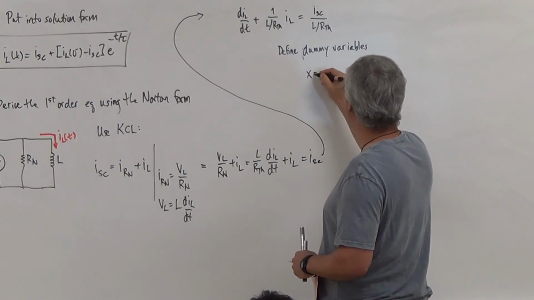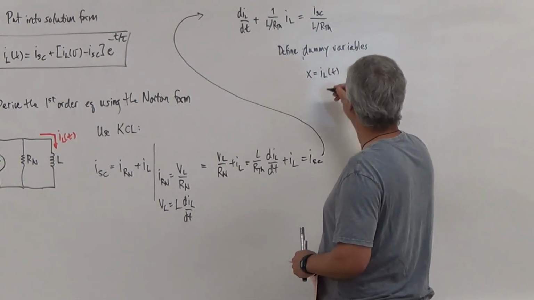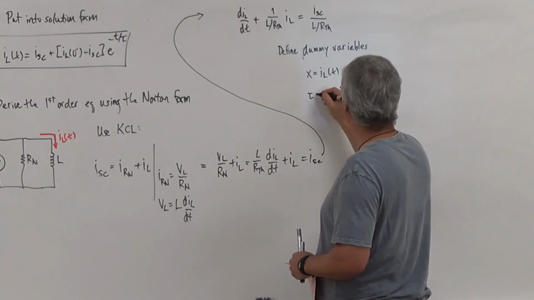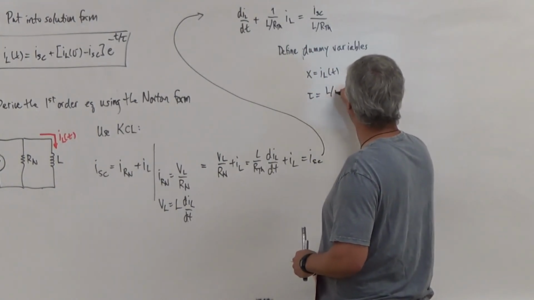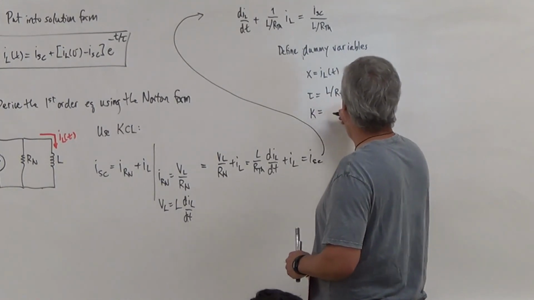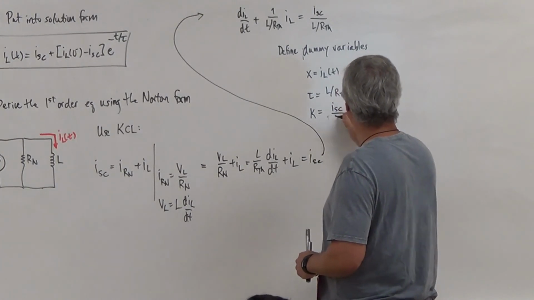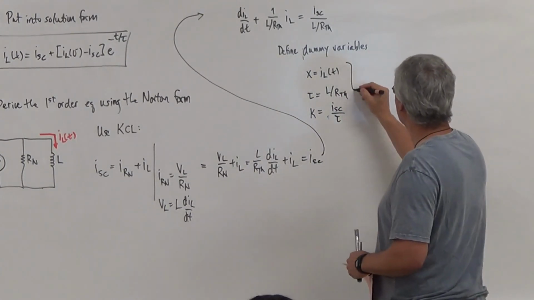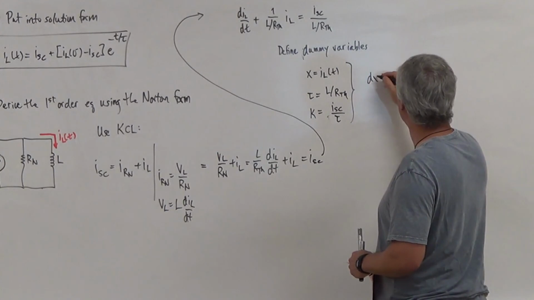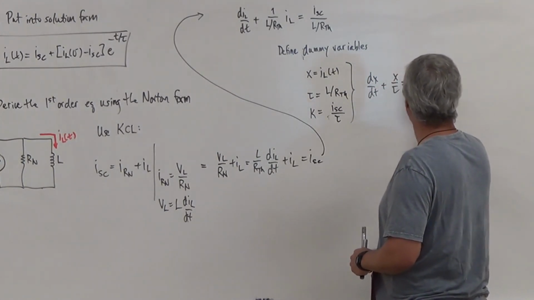I'm going to define X to be IL of t. I'm going to let tau equal L over RTH, and then I'm going to set my K value to be I short circuit over tau. When I do that, I get the equation that reads dx/dt plus X over tau equals K.